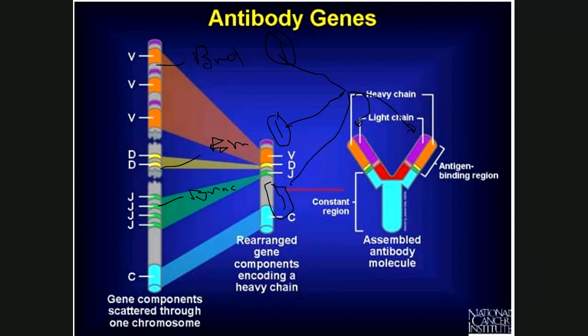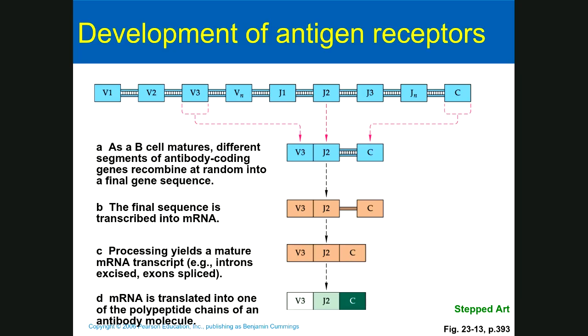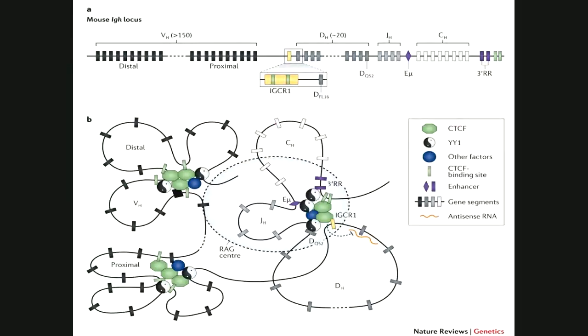Here's how it works. What happens is it's going to do this. The DNA is going to fold up like crazy, like this. And all these parts that are sticking out like this actually get chopped off. They're going to get removed and discarded. That DNA is going to be discarded.